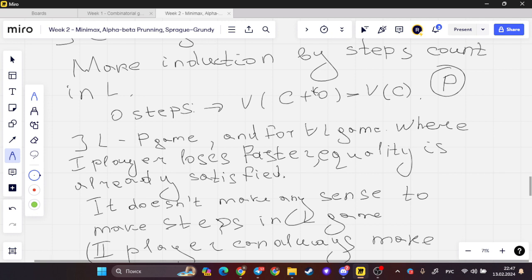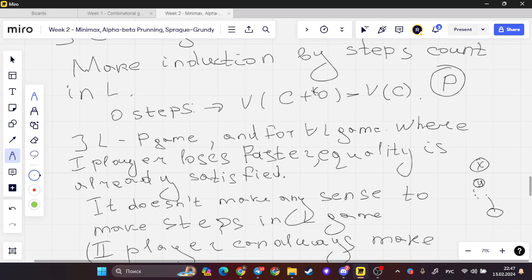It means we have some graph, and we proved it for some position that is closer to a terminal vertex. For example, we have states X and Y, and for state Y, which is closer to the terminal vertex, we have already proved this.